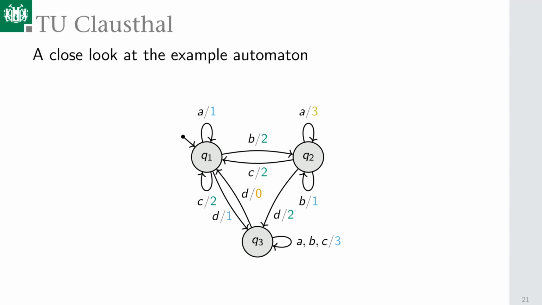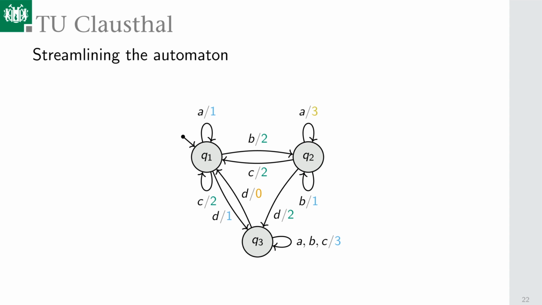Furthermore, in the upper part, there are two different colors with which a word consisting only of As can be accepted. Because Q1 and Q2 have the same language, the initial state could also be Q2, and then the color of the word consisting only of As will be different. So let us keep an eye open for how the natural color is assigned for this word by the overall construction.